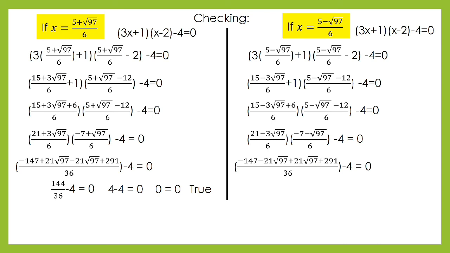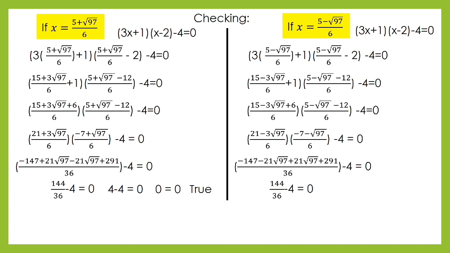Okay, so ganun din. Square root of 97 times square root of 97 is 97. I-multiply natin sa 3, kaya nakuha natin 291. All over, 6 times 6 is 36. Minus 4 equals 0. Simplify. Okay, so negative 147 plus 291 is 144.